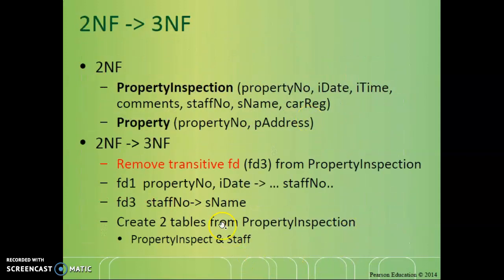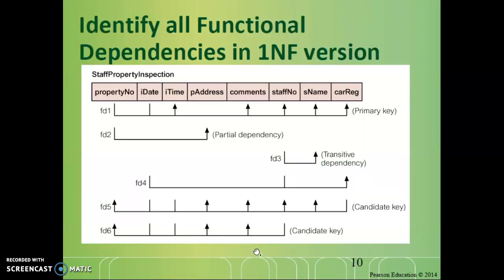In the second table, staff. So what does the staff table contain? You can recognize. We have a transitive dependency between staff number and staff name. So that second table contains only two attributes.